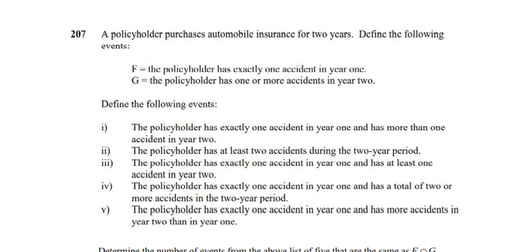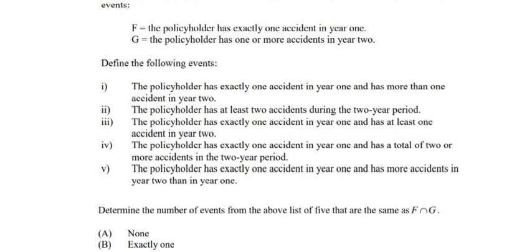Okay, so in this problem, we say f equals one event and g equals another event. So the question is, what is f and g? Such a problem is easy. F is exactly 1, and g is 1 or more. So we just put them together.